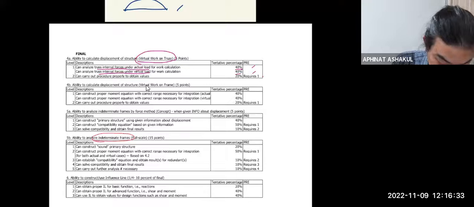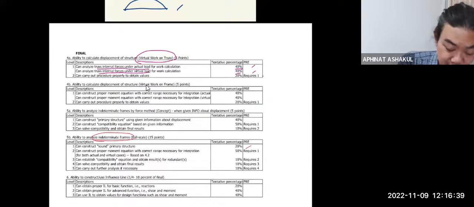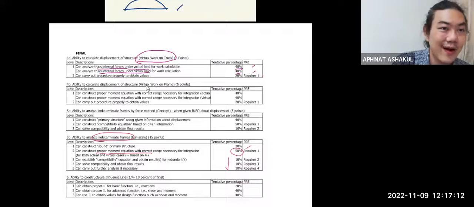The primary structure alone will give you 20%. Proper moment equation with corrections, this is 50%, but I give the percentage on the correctness of the calculation maybe just 10%. So if you can establish something correctly, but you somehow fail to carry out your calculus, you get probably 50 or 60% already. But you have to get the right moment equations. Otherwise, what are we talking about, compatibility and solving compatibility, when you can't write moment equations?